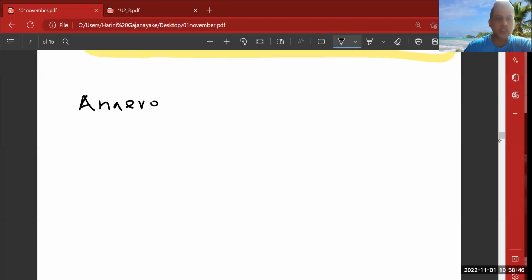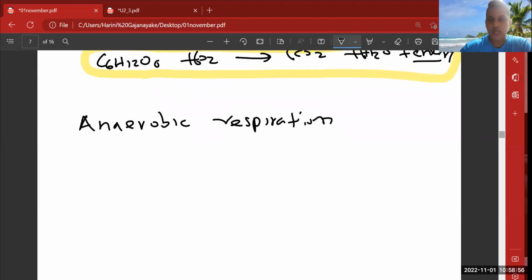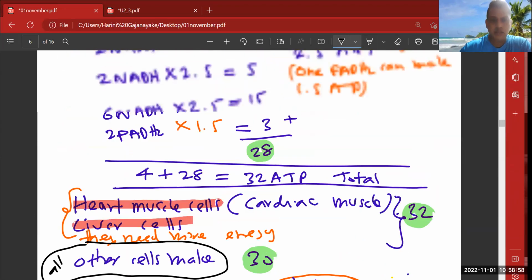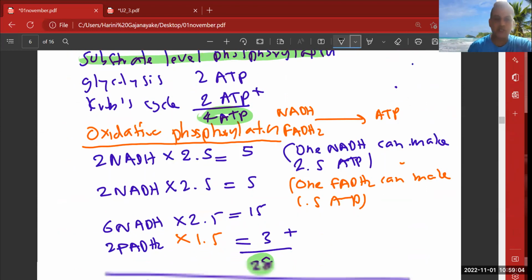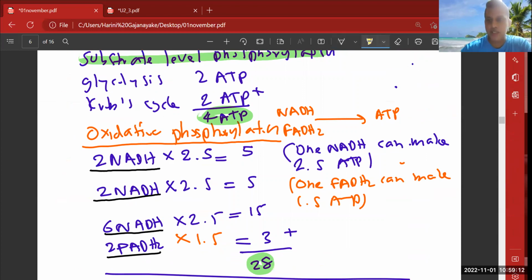Sir, can you show again that calculation part? Oh, yeah, I know that most biology students have a problem with math calculation, but it's not that difficult maths. The only thing is you need to remember the amount of NADH produced at different levels, and we have the conversion rate.